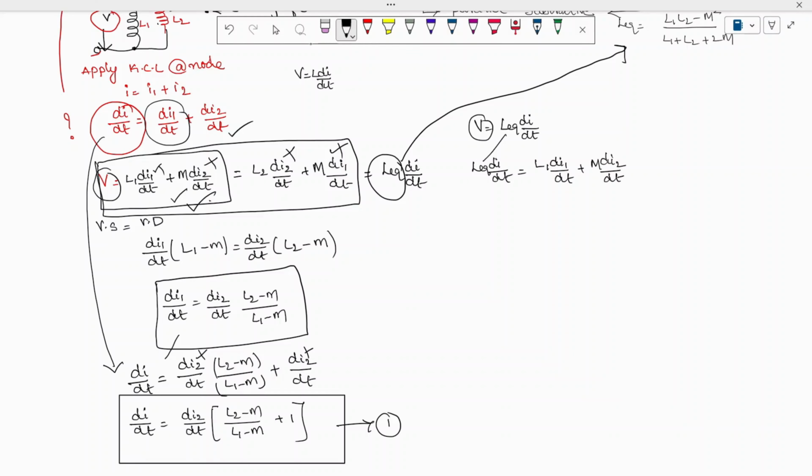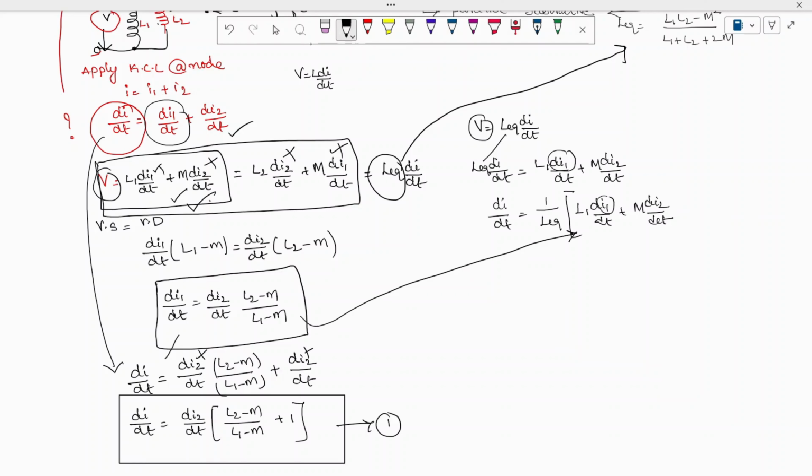Now see that I require an equation only in terms of I2. So I will try to inter-substitute in terms of di by dt. So I want the expression of di by dt is equal to 1 by L equivalent of L1 into di1 by dt plus M into di2 by dt. Here I want to express I1 in terms of only I2.